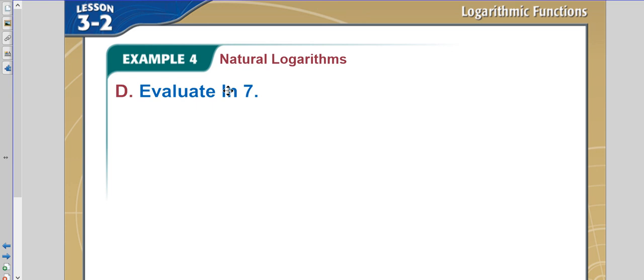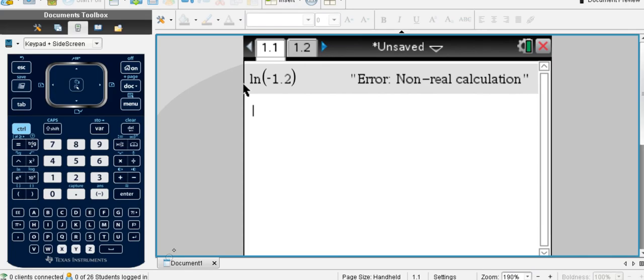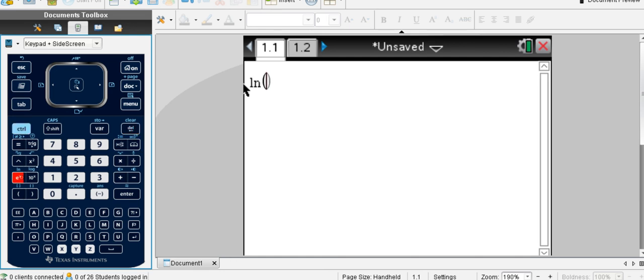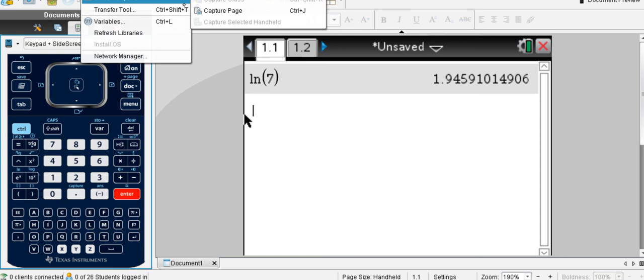All right, and now evaluate this. Again, my base here is e, and this is my number, but I don't know my power. I could convert it to exponential: e to the power of x equals 7. Now we don't know what that is, so the easiest way is just to type in ln of 7 in the calculator. So I'll type in ln of 7, and that would be my answer here.